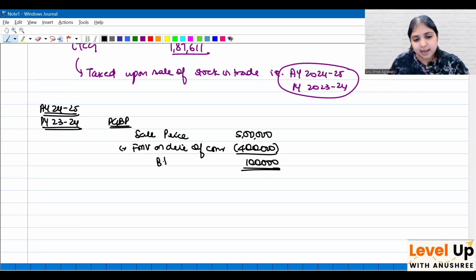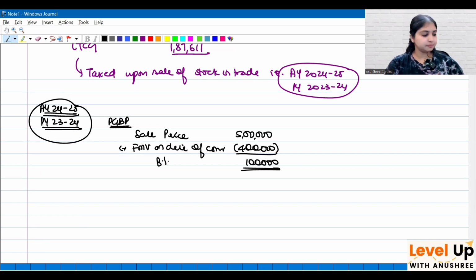So the balance 1 lakh will become your business income for this year. Got it?